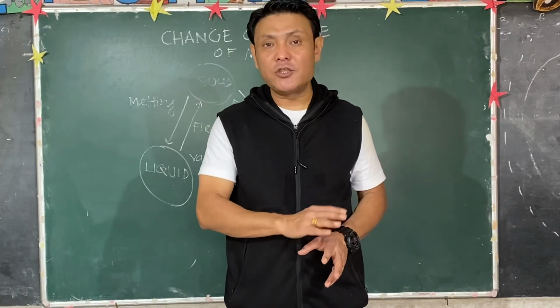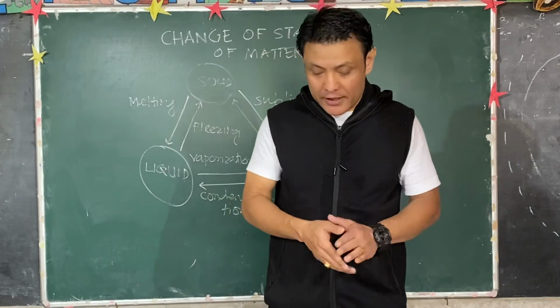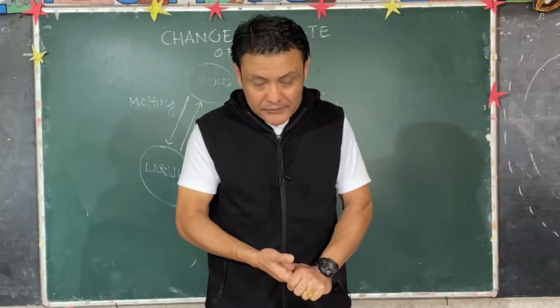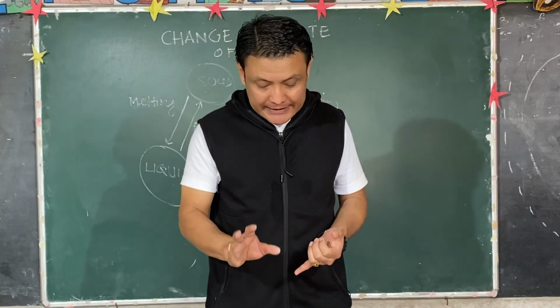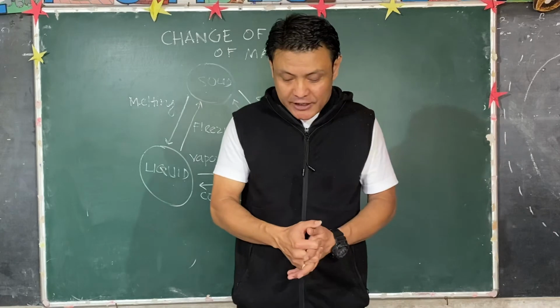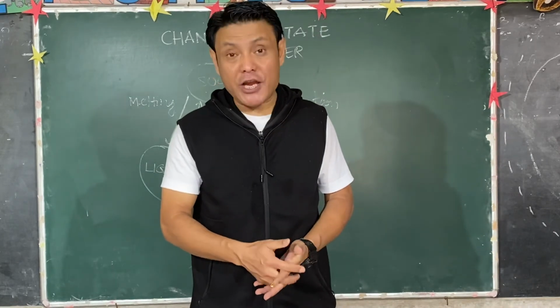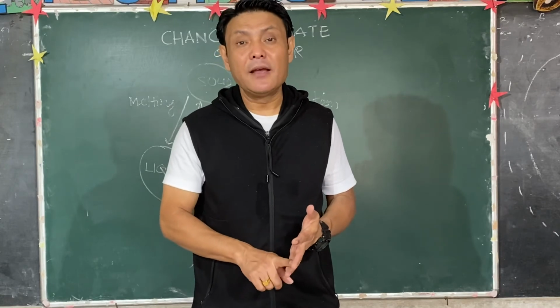So therefore, no new substance is formed, so it is a physical change. The chemical composition of the original substance remains intact. It is not altered. And the last is that a physical change may cause changes in shape, size and color, but chemically it will remain the same.